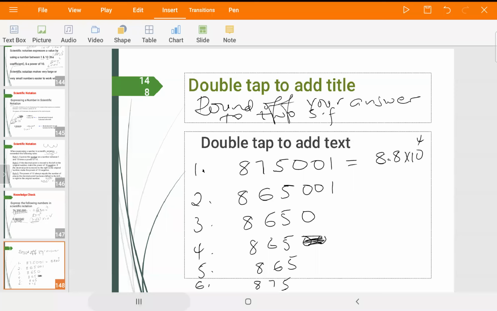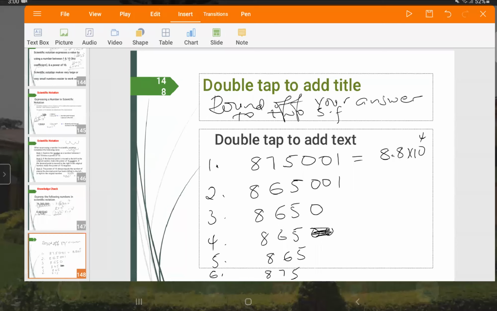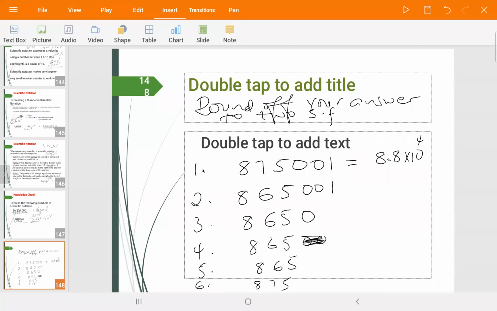Amar. Mr. 8.7 times 10 to the power of 4 አይሆንም? Do you agree with? No. 5 below 4 ያልኩት 5.